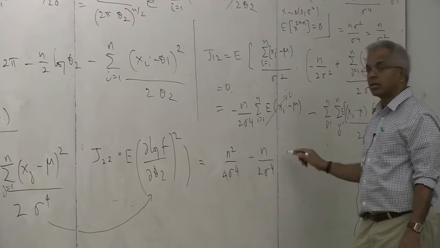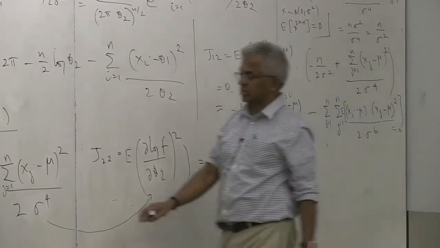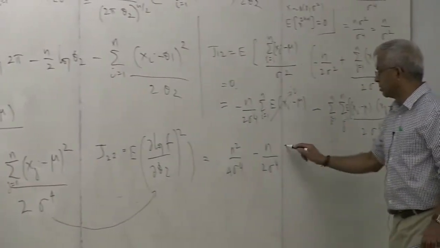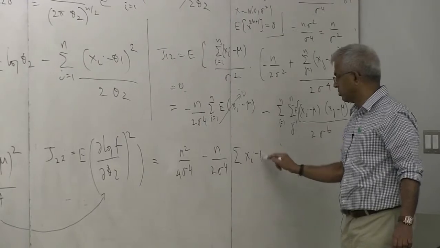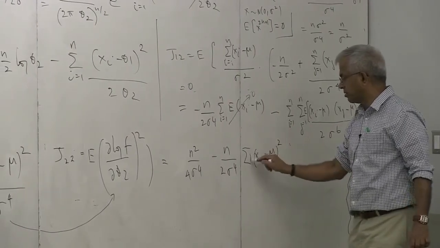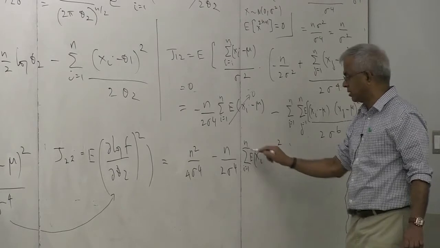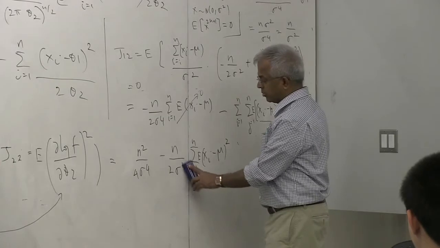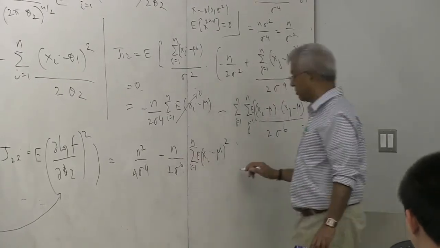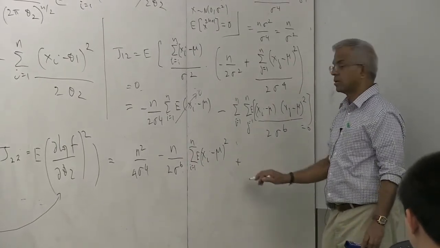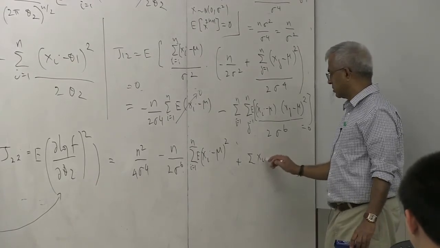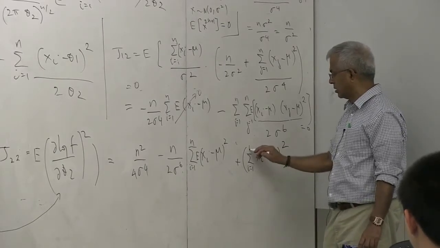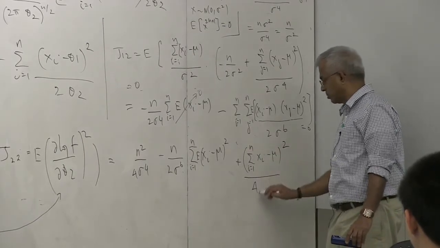Remember there's two 2's, so that's 4, multiplied by the summation of (xi minus mu) the whole squared, expected value here, i equal to 1 through n. Plus, this is a mess, the last term, summation over i equal to 1 through n over 4 sigma to the 8.